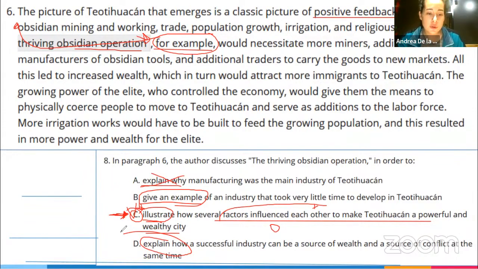So you need to have those two things, the correct verb, which in this case would be either to give an example or to illustrate, and the correct idea, which is going to be always the main idea of the text, which in this case is how all of the factors that were mentioned before influenced each other positively, right?